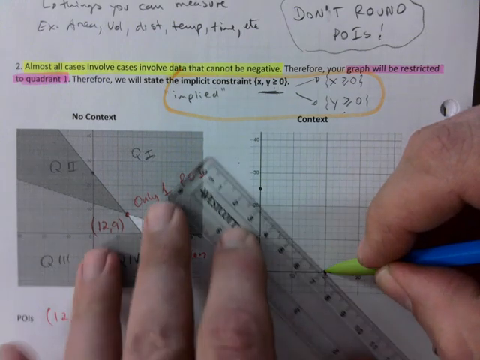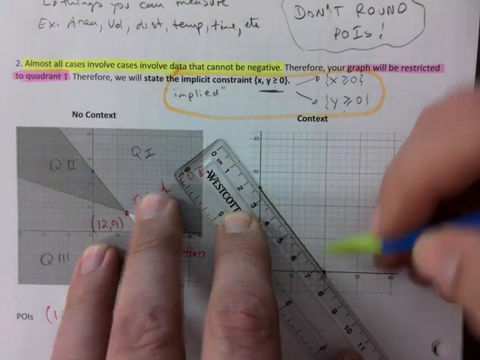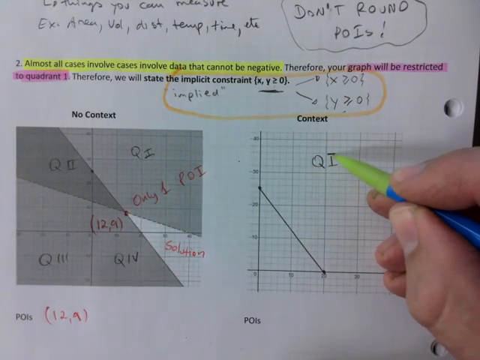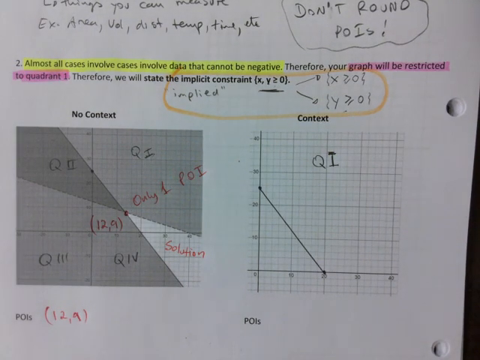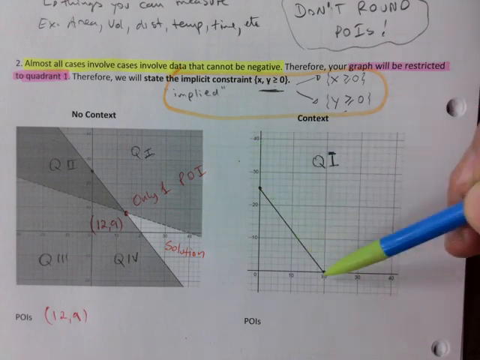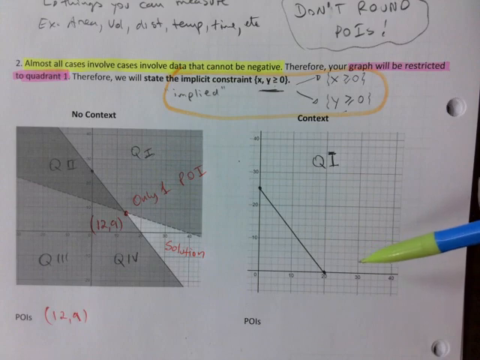That's a solid line. When there's a context, it's just quadrant 1. Everything stops. We don't go past because that's not allowed. Also, we don't go past here because that's not allowed. We stick with quadrant 1.